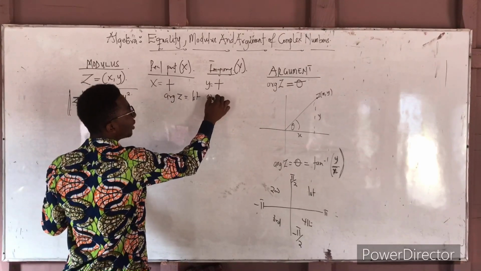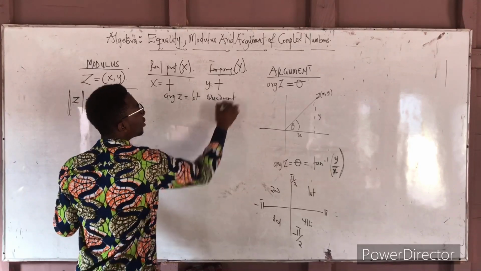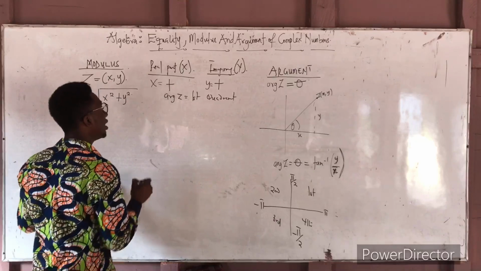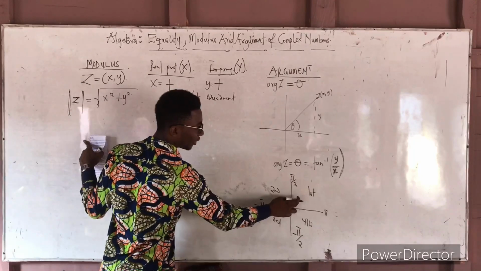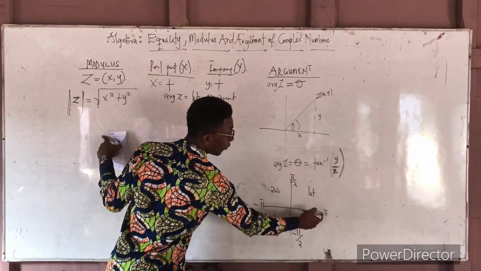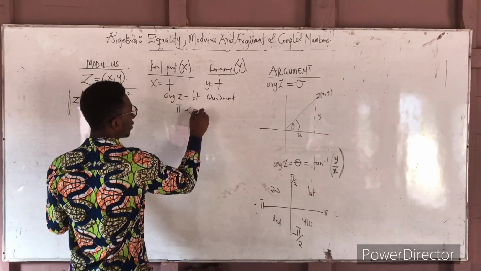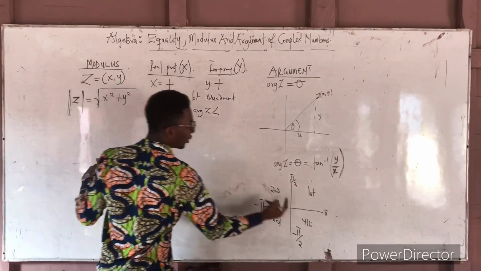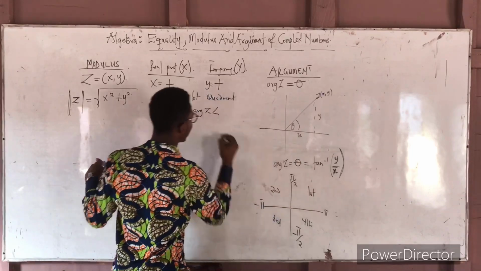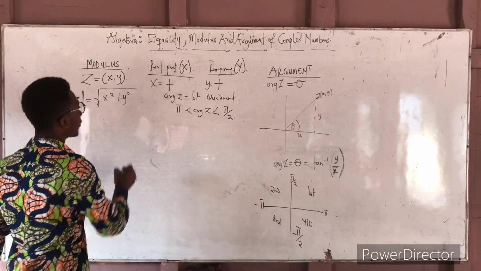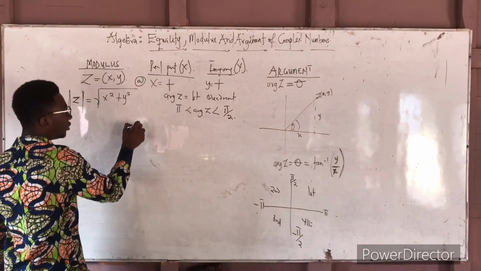The first quadrant. It will be in the range of what? 0 to pi on 2. Take note. And this is the first thing you are supposed to take note of.